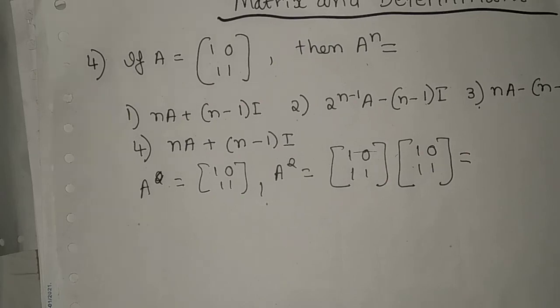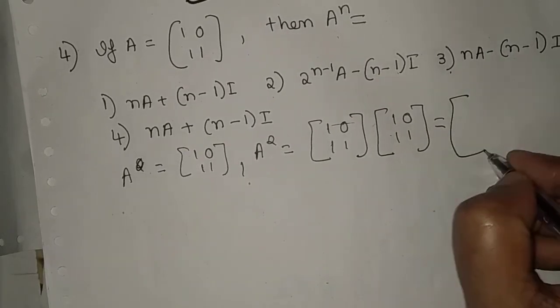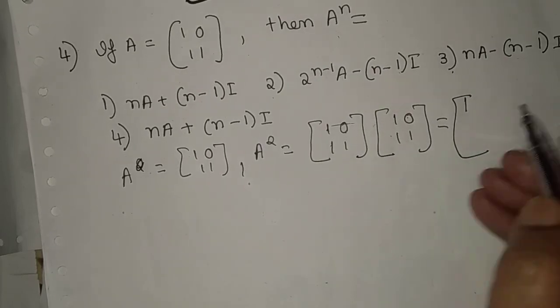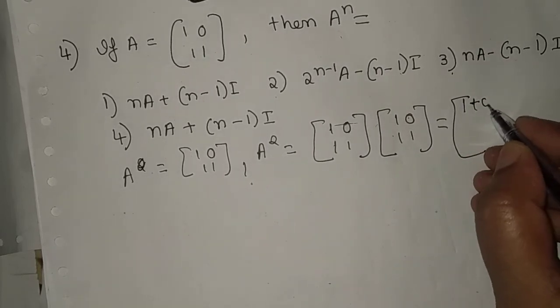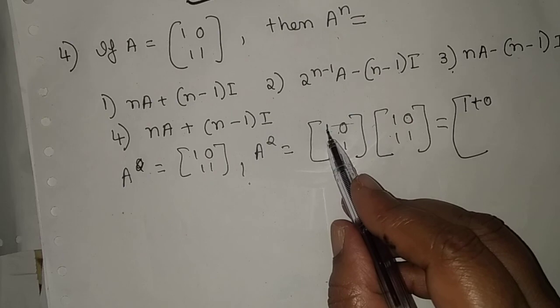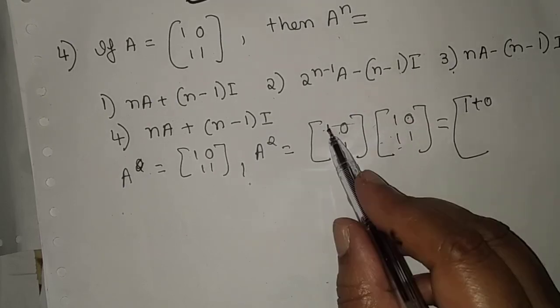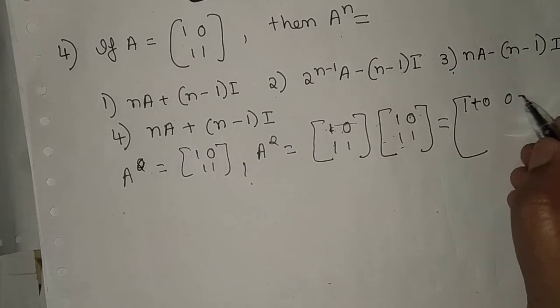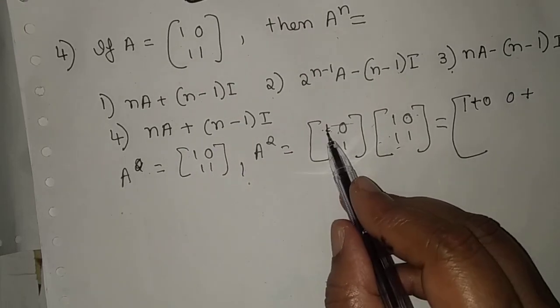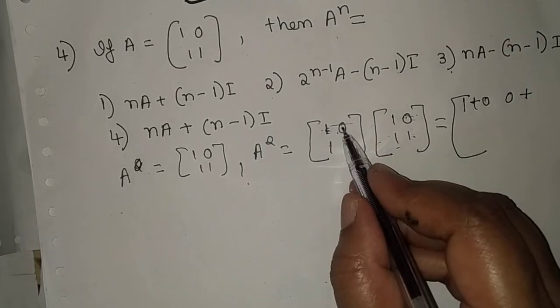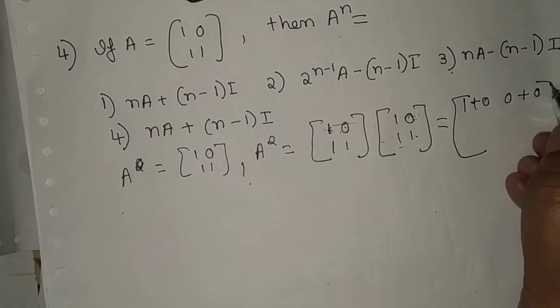So now multiplying this, we'll get 1 into 1, 1; 0 into 1, 0. Again 1 into 1, 1; 0 into, again 1 into 0, 0 plus 1 into 0; 1 into 0, 0; 0 into 1, 0.